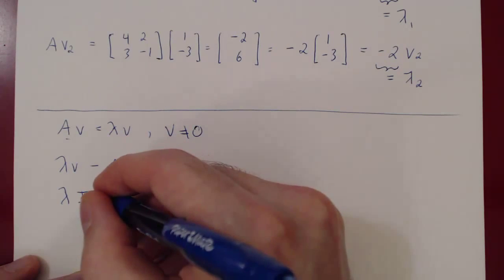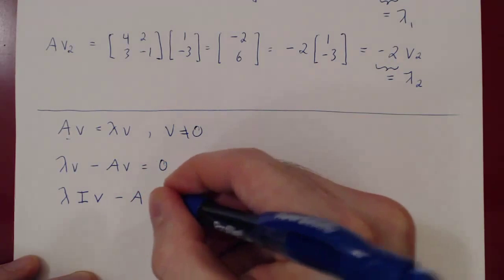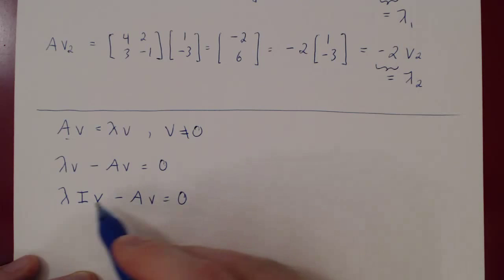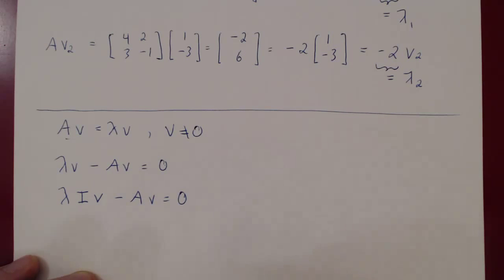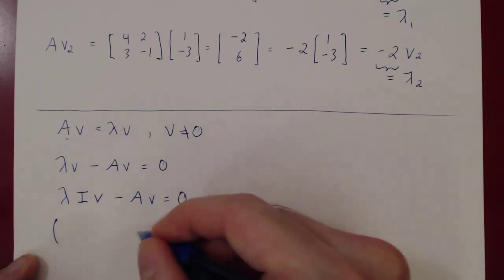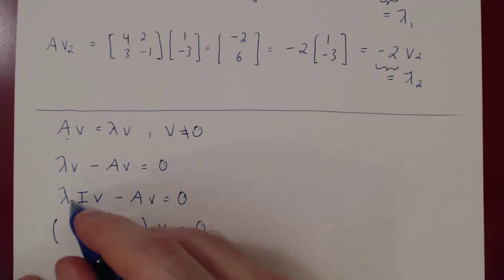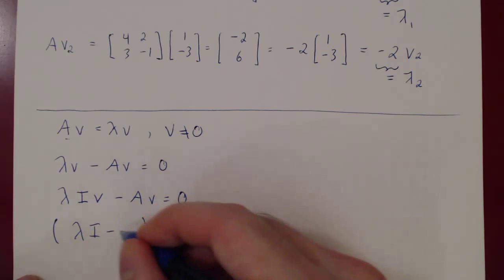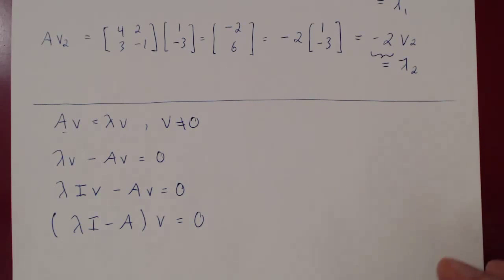So lambda I v minus Av equals the zero vector. And you see that both are multiplying v, so you can factor v on the right of this product. If you do factor v, then you're left with the matrix lambda I minus A. And if you look at this now, we have a linear system, right?